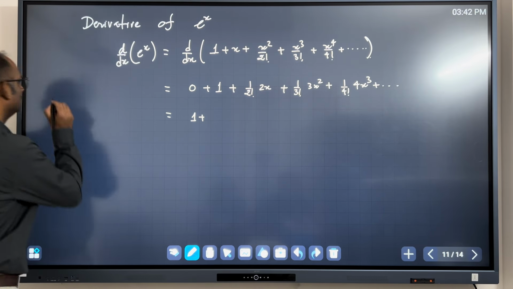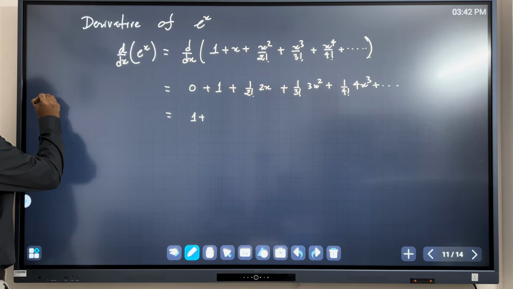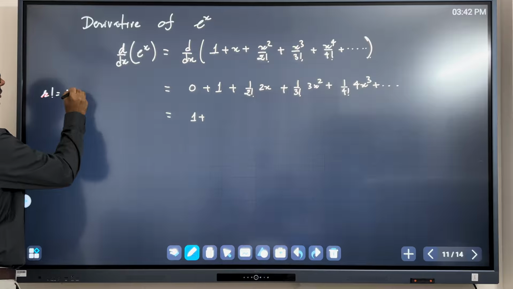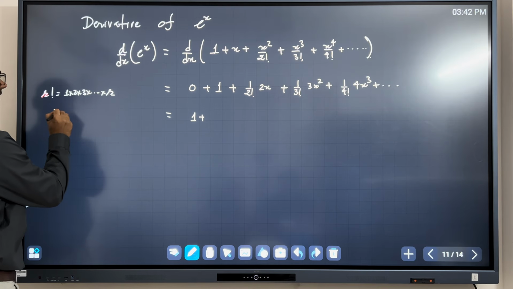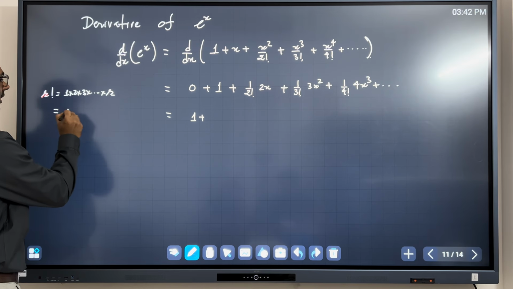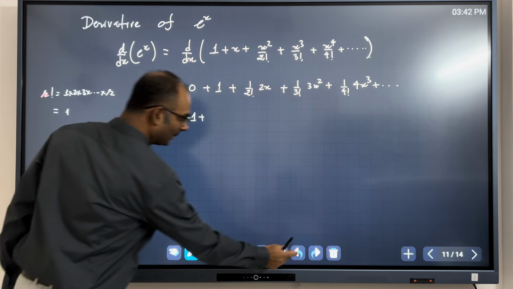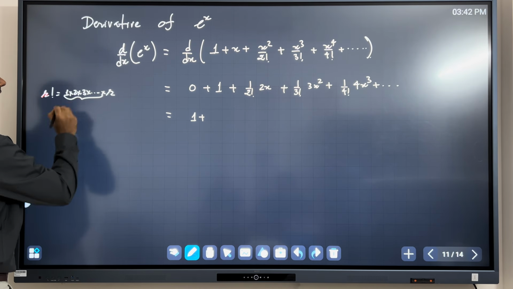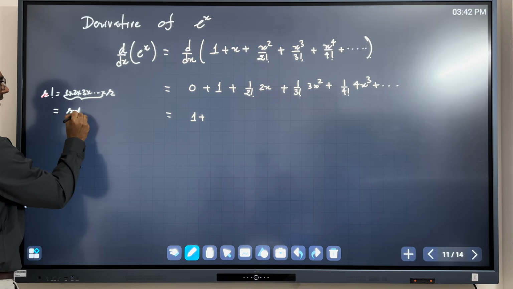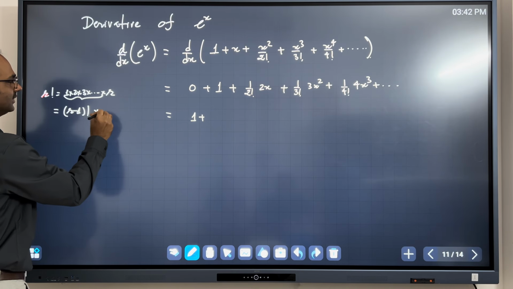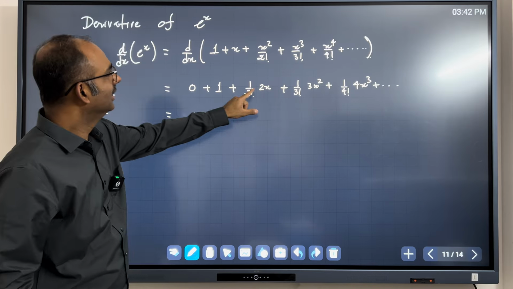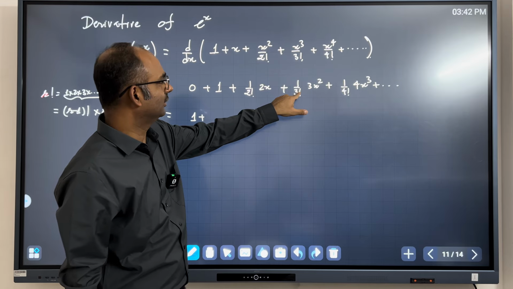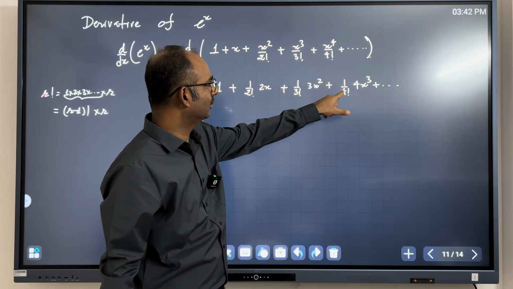Is this fine? So I am using that any number r factorial is equal to 1 into 2 into 3 and so forth up to r. So this I can write as up to r minus 1, which is r minus 1 factorial, times r. So what I am doing is I am always writing the denominator as, for example, here 3 times 2 factorial, so that 3 I will cancel. 4 times 3 factorial, so 4 I will cancel.